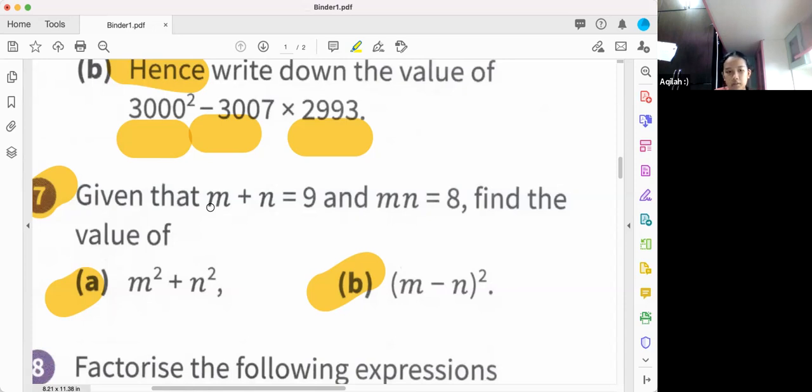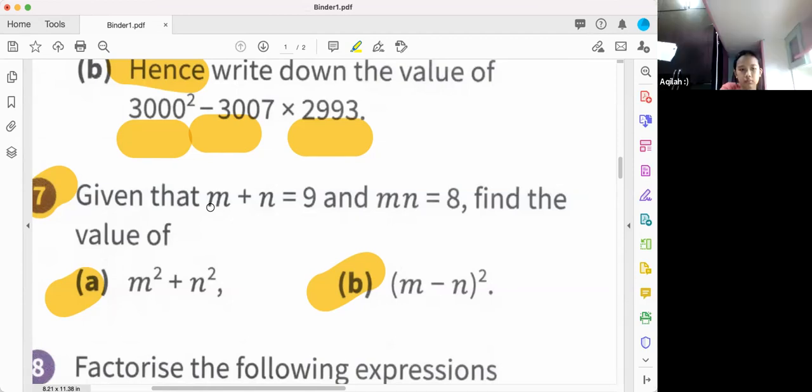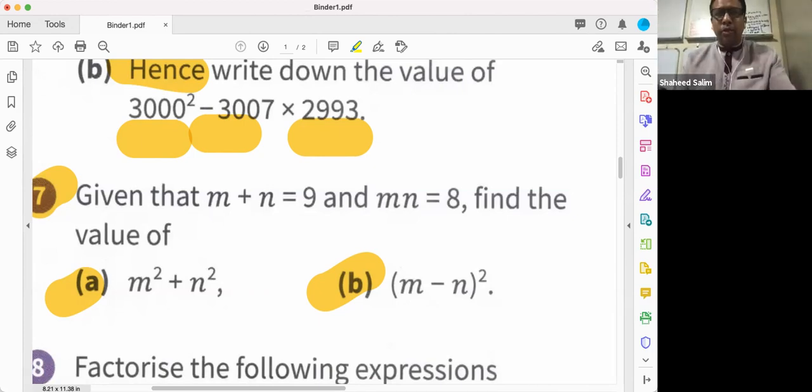Is the answer for A 81? 81. Hold on. This is 7A. No, it's not. But can I see what you have done? Can you show me what you have done? Okay, thank you. But I don't see how you get the 81 there.